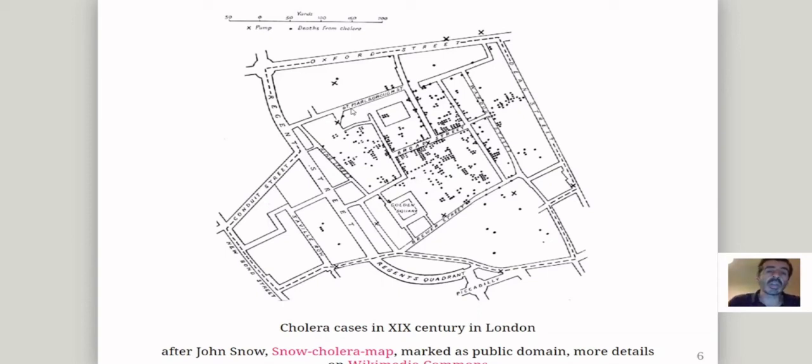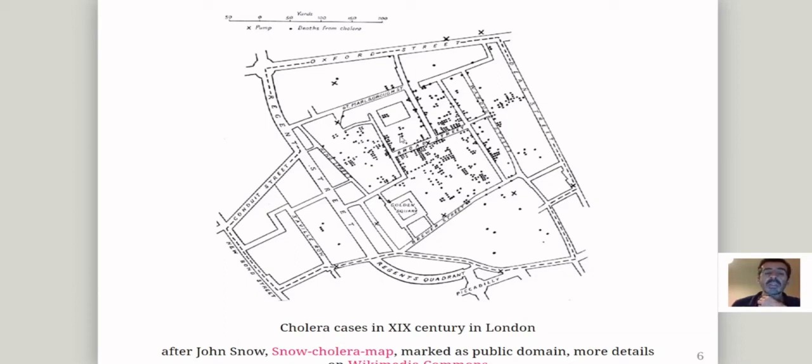So what John Snow did in this disease map, a dot map, was register all the fatal cases of cholera and depict them in this map showing where they lived.